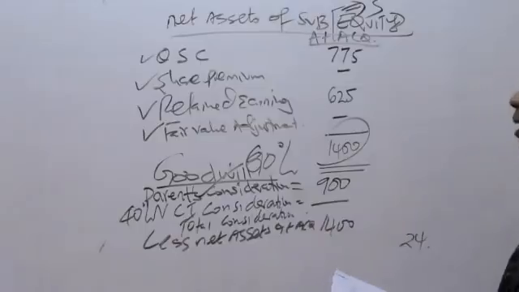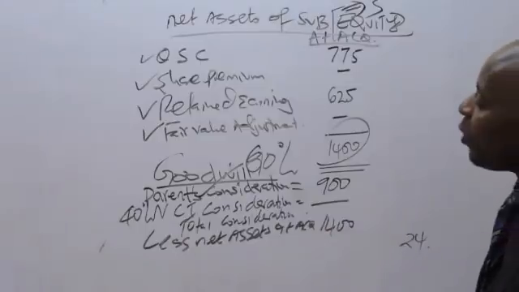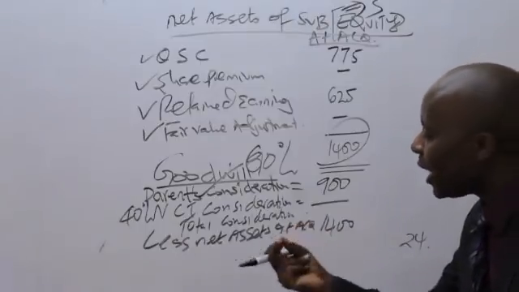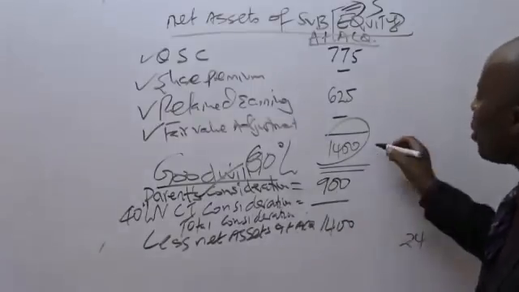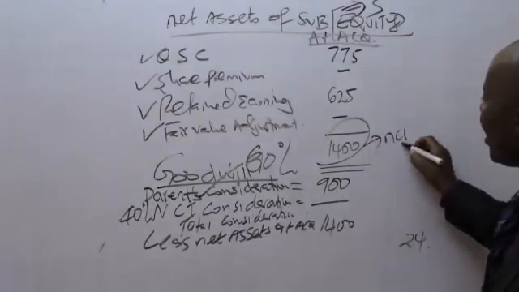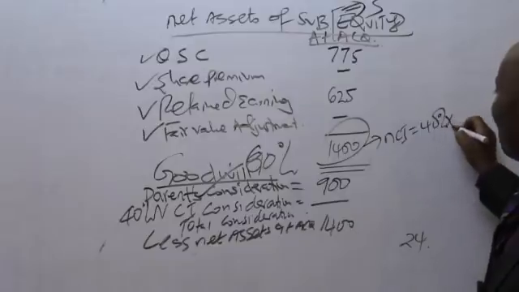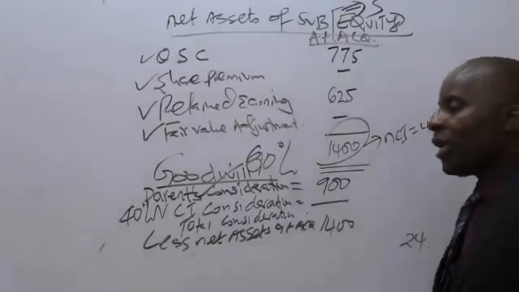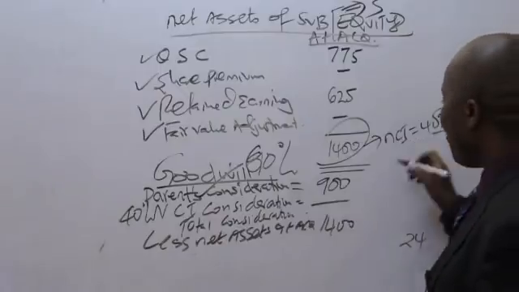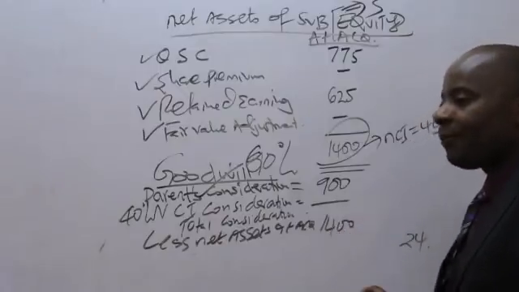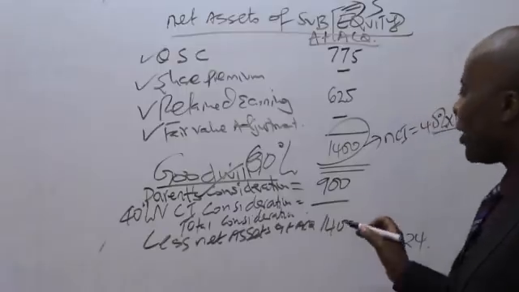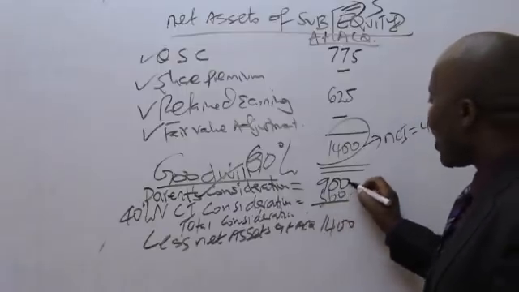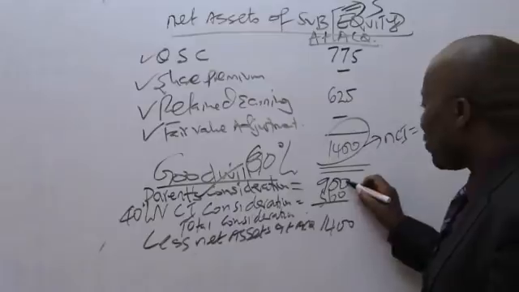So it means that for the NCI we are getting their proportion of net assets, which will be 40% of 1,400. That will give us what figure, somebody? They are all telling me 560.